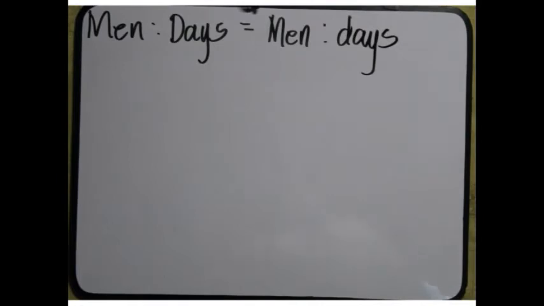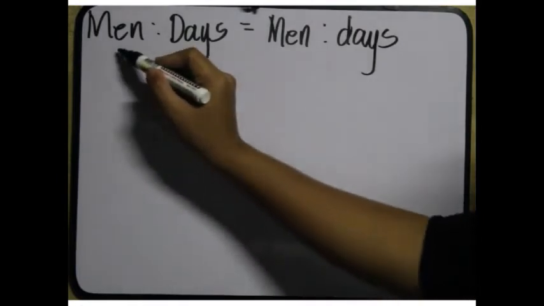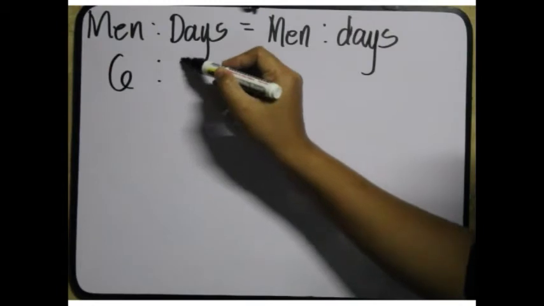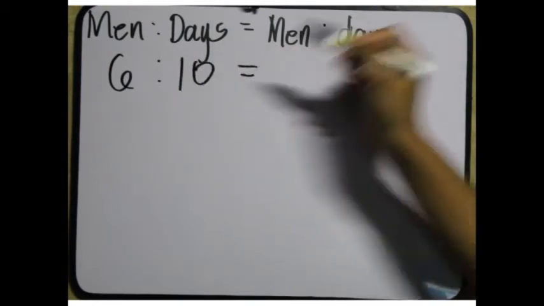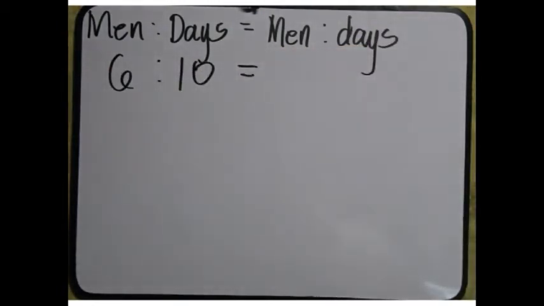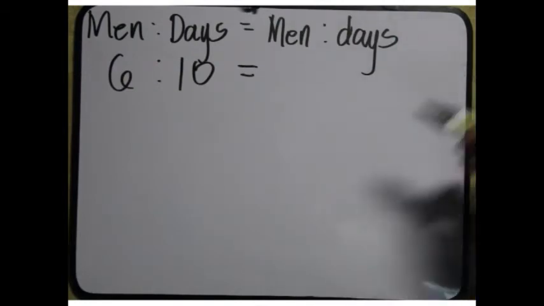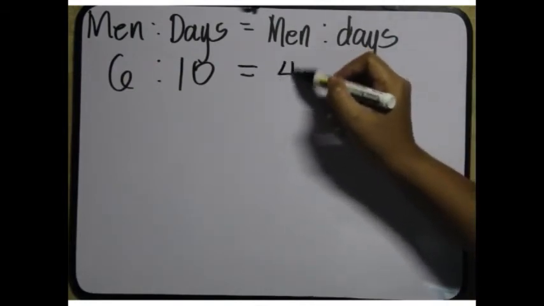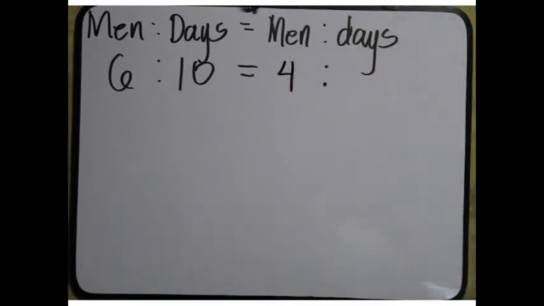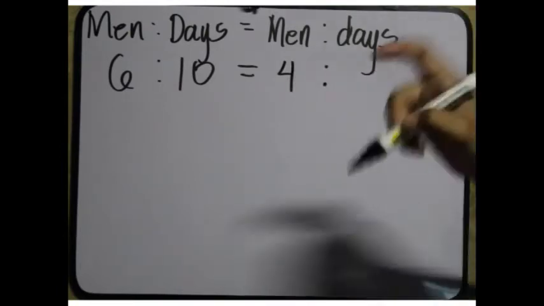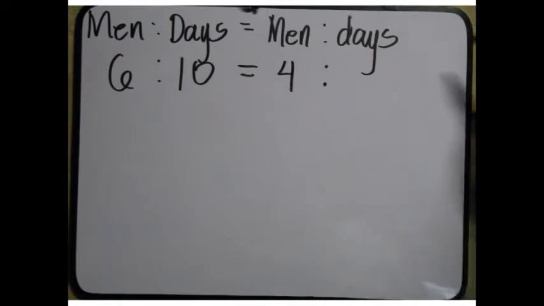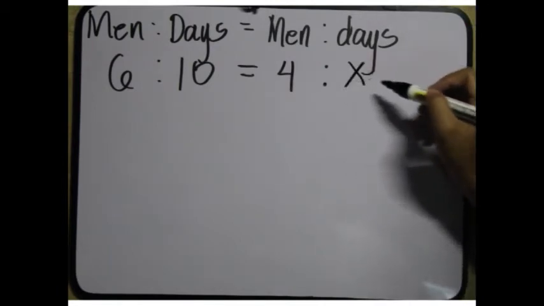So 6 men can do a job in 10 days. So we have 6 men is to 10 days is equal to how many days does it take for 4 men to do the same job? So we have 4 men is to x. The days is being asked in our problem, so we can write it as x.